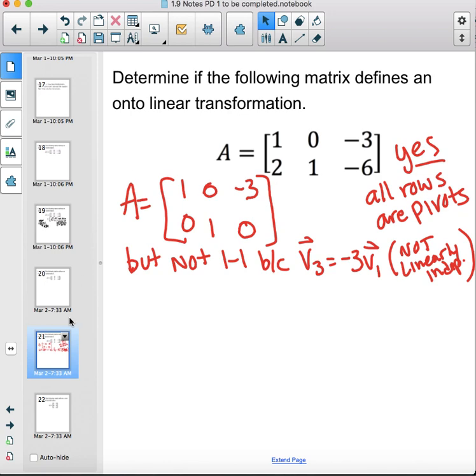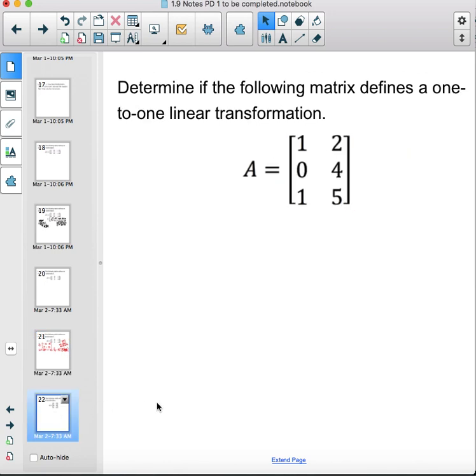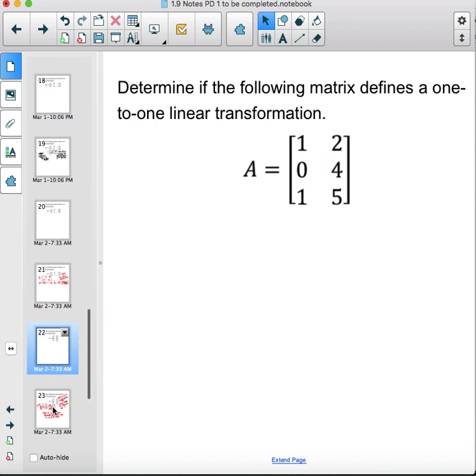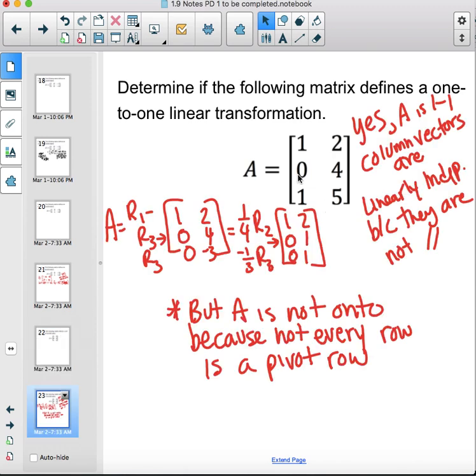It is onto. Is this matrix one-to-one? For one-to-one, we're looking at whether the columns are linearly independent. Well, look right here. There's no way to have 0 transform into a 4. If you don't believe me, go ahead and do the row reduction and get these two columns.